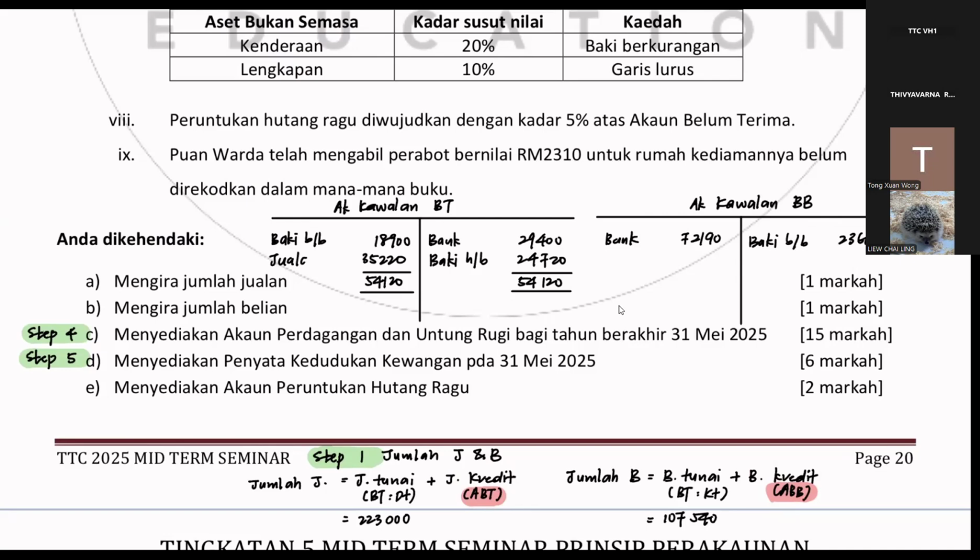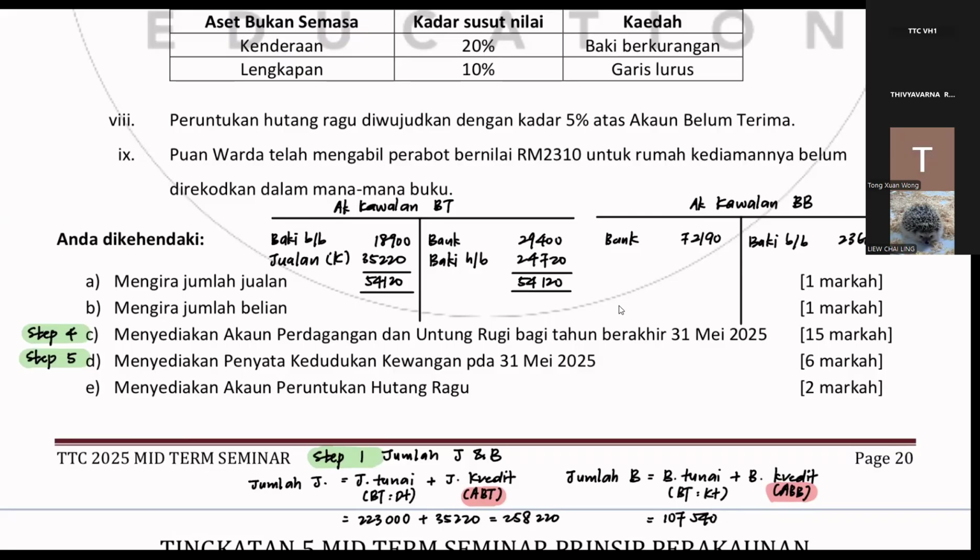You need to write jualan. But don't write jualan credit, because we don't have any account code as jualan credit. If you want to do your own remark, make sure to put it in a bracket. Then you can feed it into your formula to get your jumlah jualan. 35,220. Then you will get your jumlah jualan, 258,220.